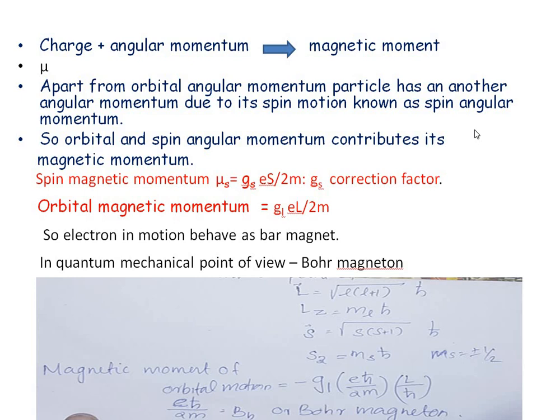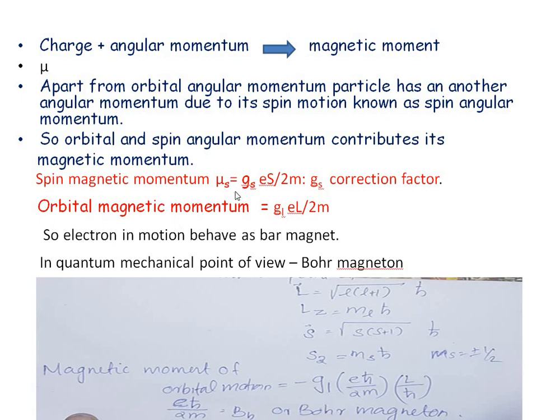S is the spin angular momentum. So, orbital and spin angular momentum both contribute to the magnetic moment. The total magnetic moment will be the vector sum of the spin magnetic moment and the orbital magnetic moment.